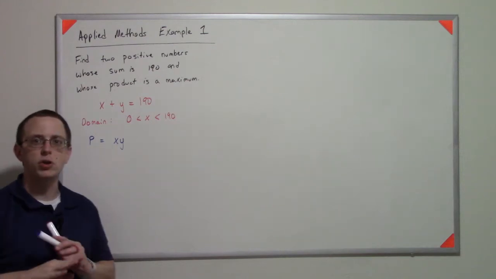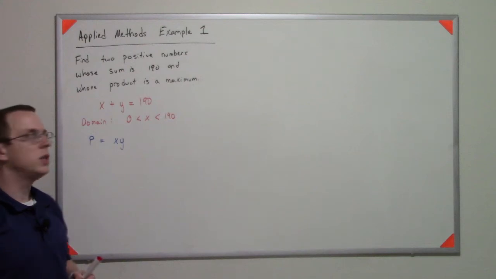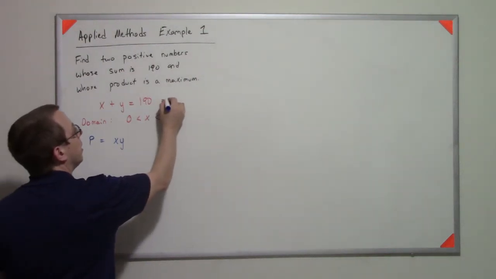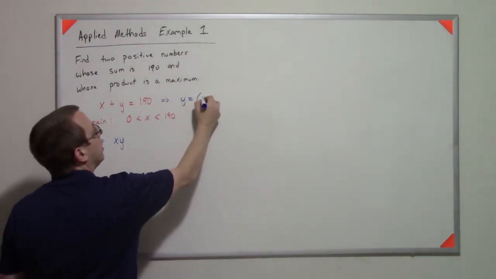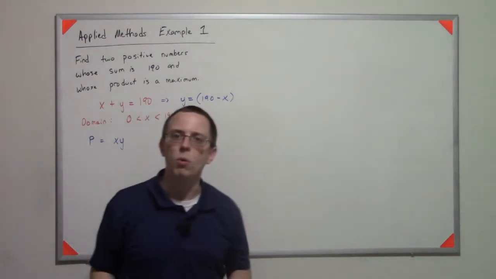Now I need to figure out a way to get P as a function of x alone. The way I'm going to do that is use this equation. That tells me y is 190 minus x, if I solve for y.